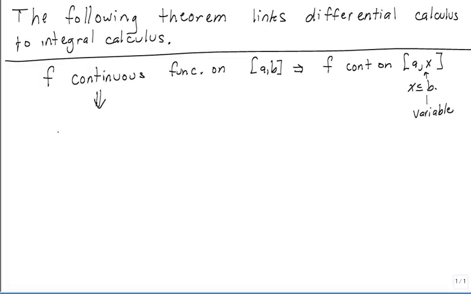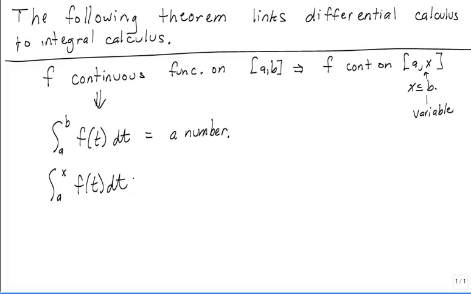If f is a continuous function on [a, b], then the integral of f(t) dt equals a number. Okay, we've seen that. When we take the integral, we get a number. Well, when we go from a to x, we get a function. Okay, because x changes.